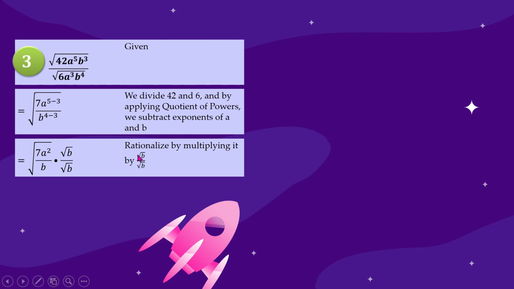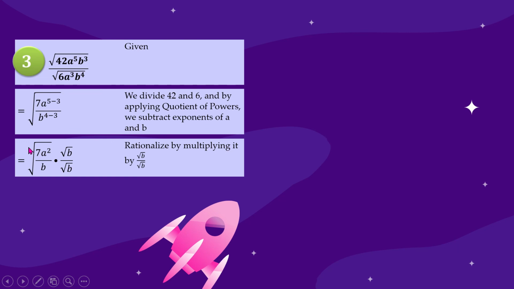Then, dinha pa ito mag-rationalize kay radical man ang denominator. Square root of b, kung bungkagon na siya, this is the square root of 7a square over the square root of b, no? So, we need to rationalize. We rationalize by multiplying it by square root of b over the square root of b. Kay b1 naman siya. So, kulang siya og b1 para ma-b square, para ma-cancel sa index 2.